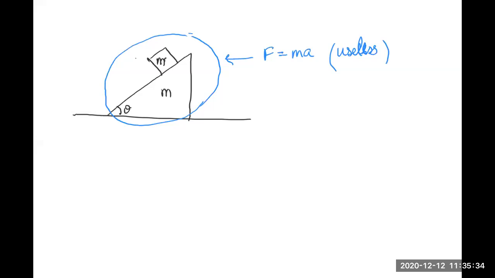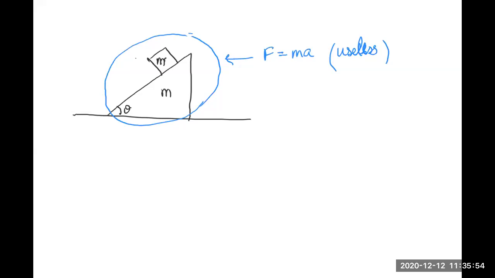I haven't taught you, we have not discussed as yet, how to apply F is equal to ma on a system comprising two or more objects where the objects have separate accelerations.